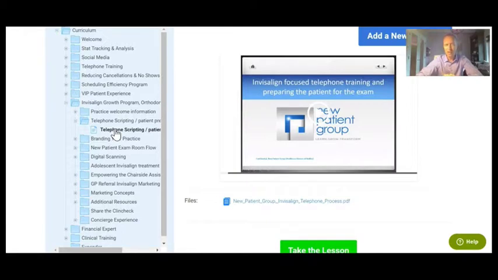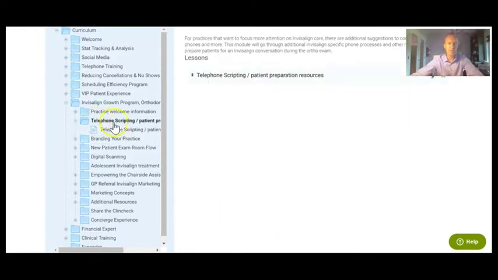If the first time they hear the idea of Invisalign or the first time they feel like they're getting an education about Invisalign is when they're in your practice, it only stunts the opportunity to get a same-day start and to commit them towards an Invisalign option for care. So the telephone scripting and some ideas in there will help to prepare that patient for their visit and help them to prepare about the awareness of both your traditional options as well as your Invisalign options.